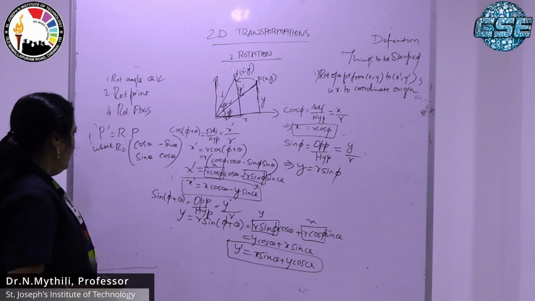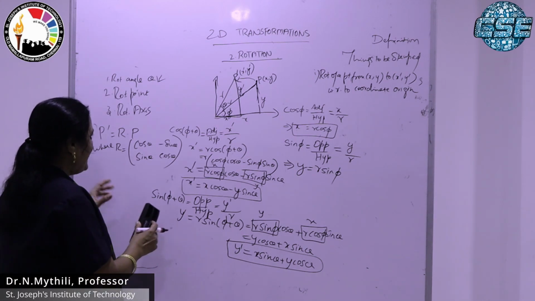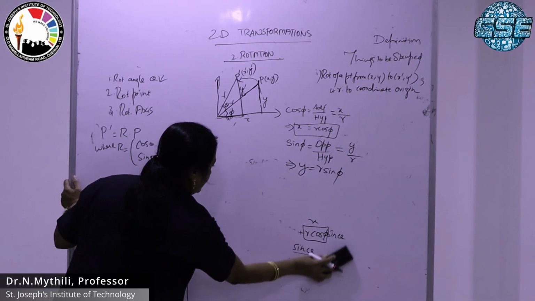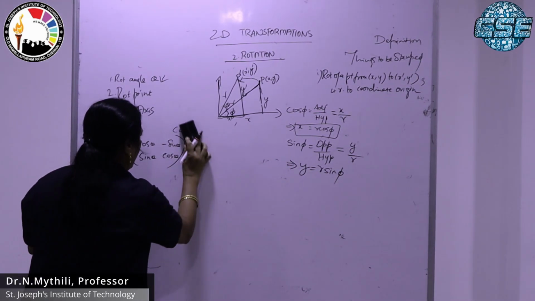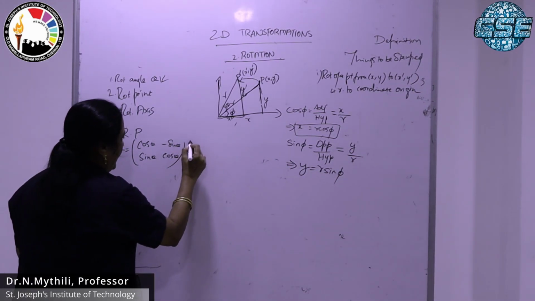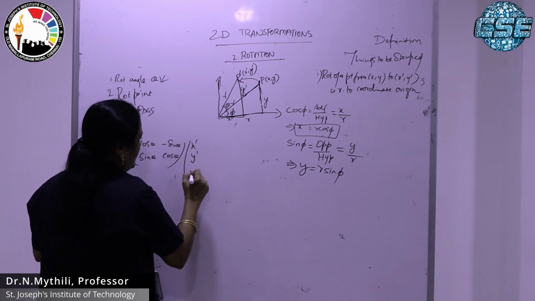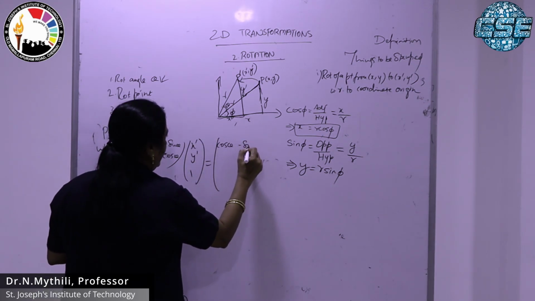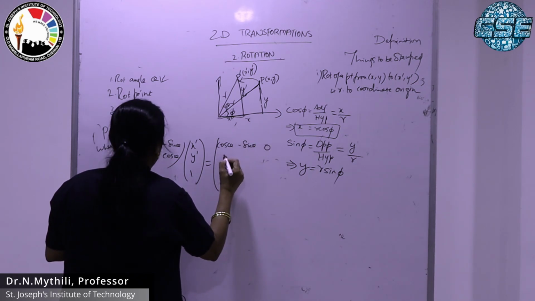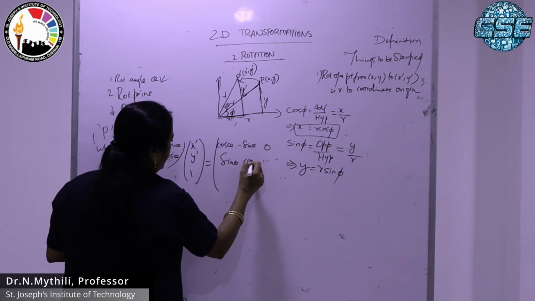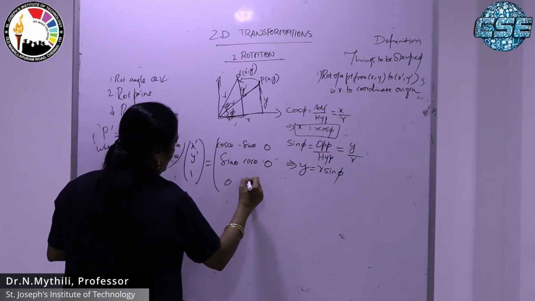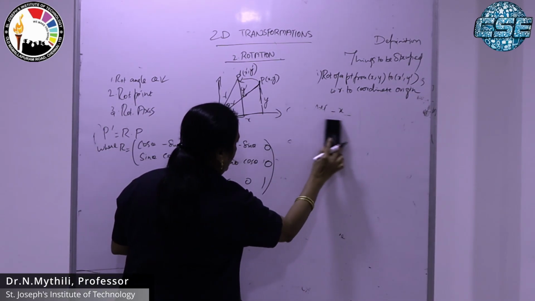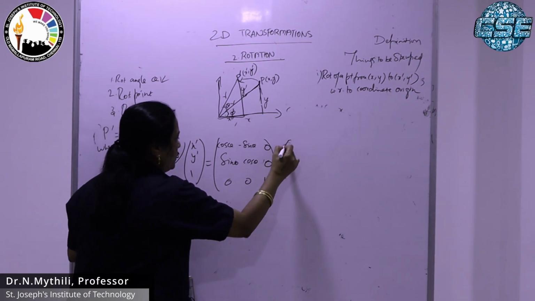Okay, now we are going to write the matrix representation for this. So the matrix representation is x dash, y dash, 1 is equal to the matrix cos theta, minus sin theta, 0; sin theta, cos theta, 0; 0, 0, 1, into x, y, 1.